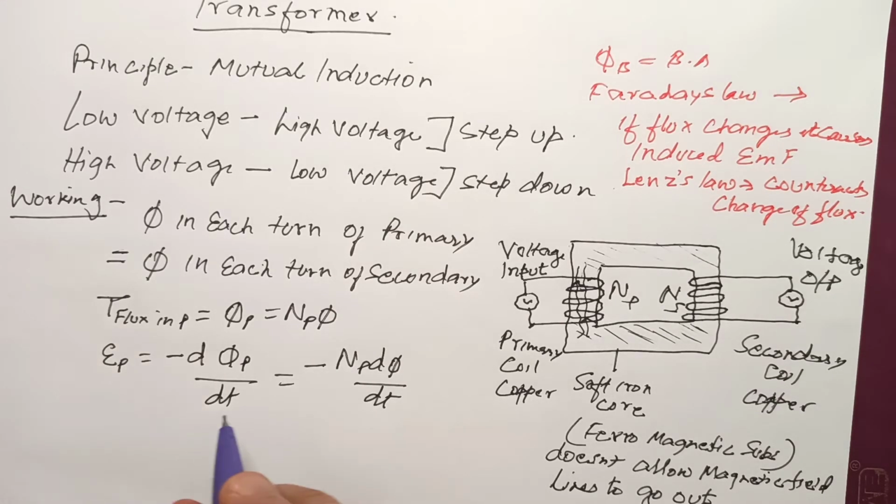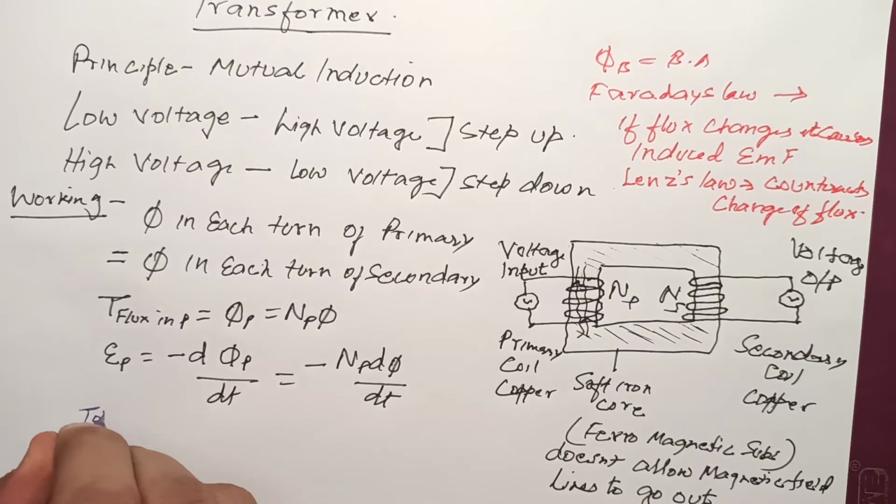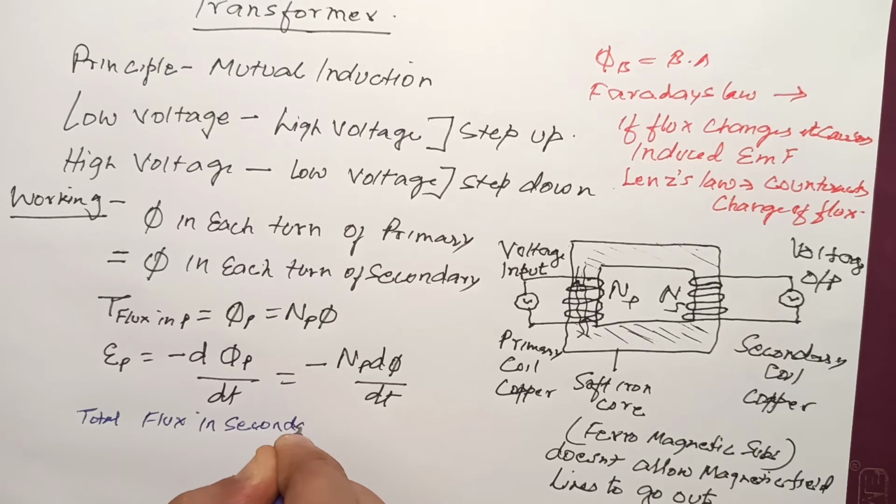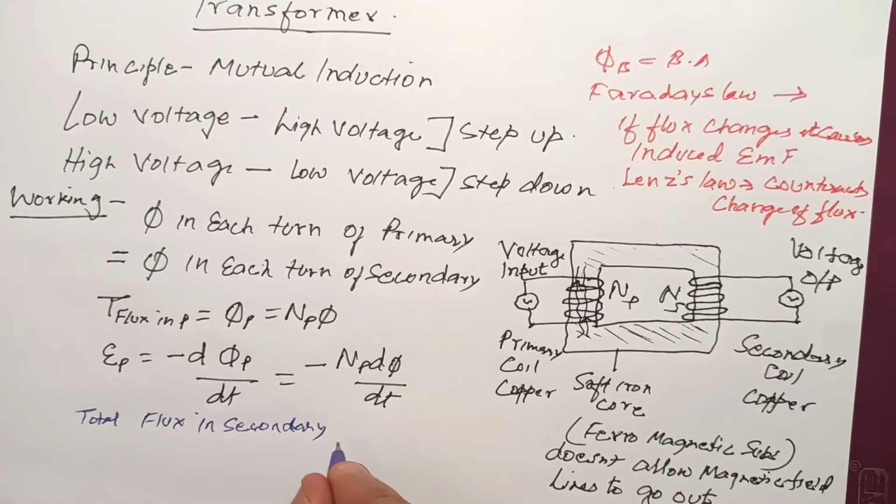Now let's talk about the total flux in the secondary. Total flux in secondary, phi s, is equal to NS phi.